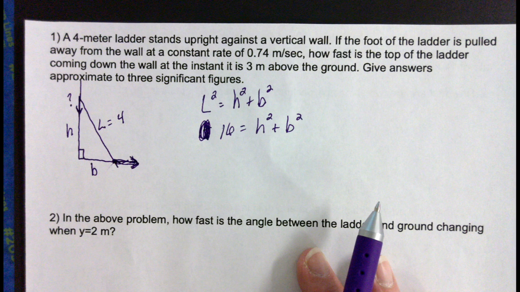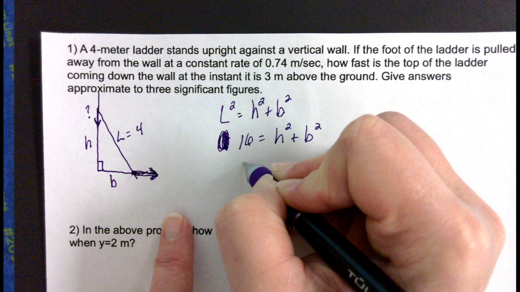First off, what are we trying to find? How fast is the top of the ladder coming down the wall? So I am trying to find dH/dt. What am I given? Well, L we know, but I already plugged that in because it doesn't change.